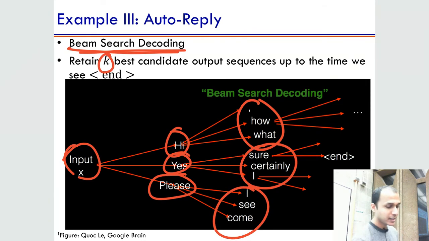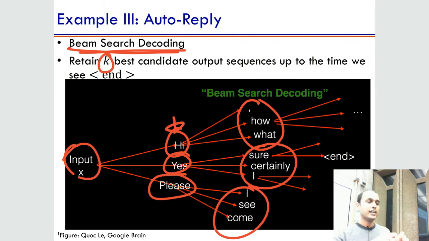But what I can also maintain is that when I pick this word, I can also remember the probability corresponding to that word. For the three words, I can copy the probabilities for the corresponding word at that level.